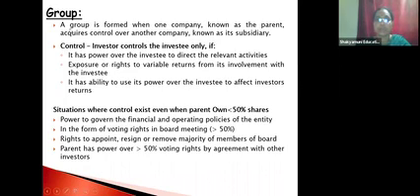What is a group? A group is formed when one company, known as the parent, acquires control over another company, known as the subsidiary. So this is called a group.